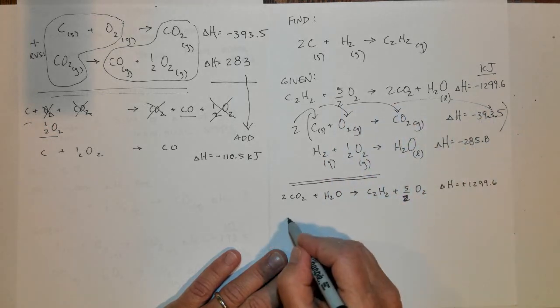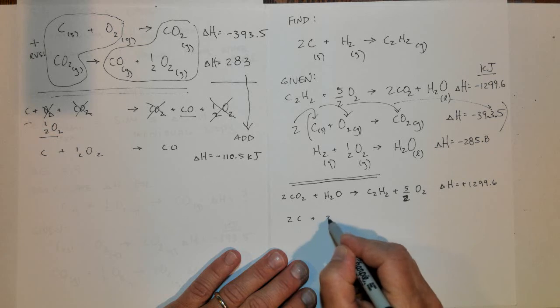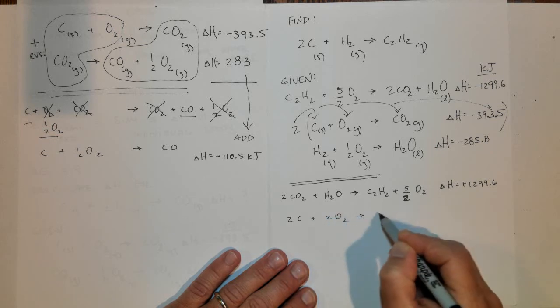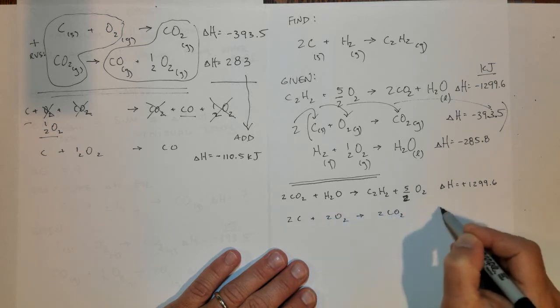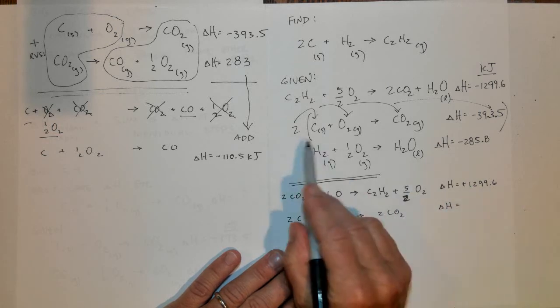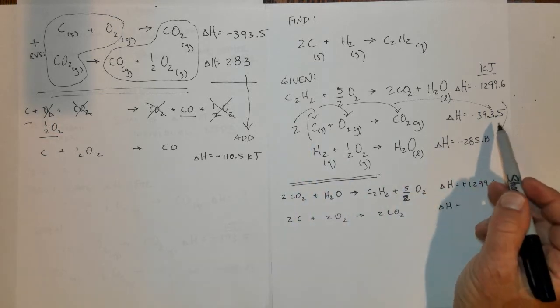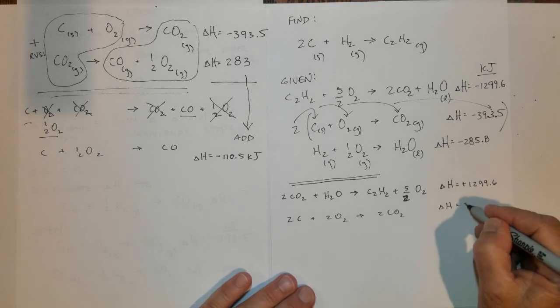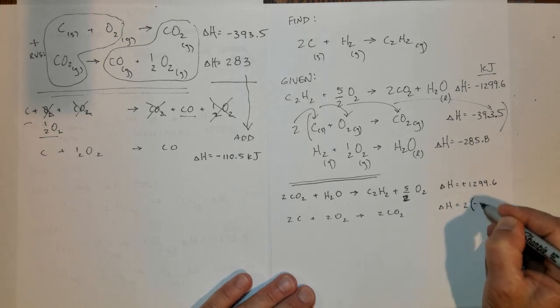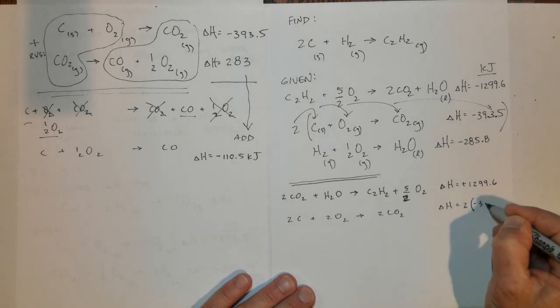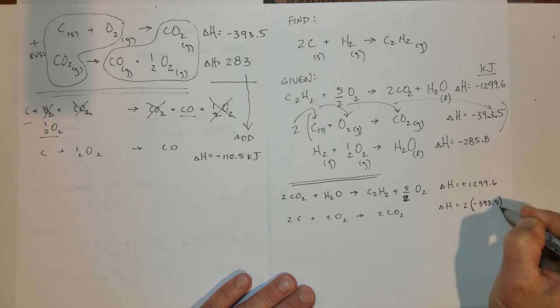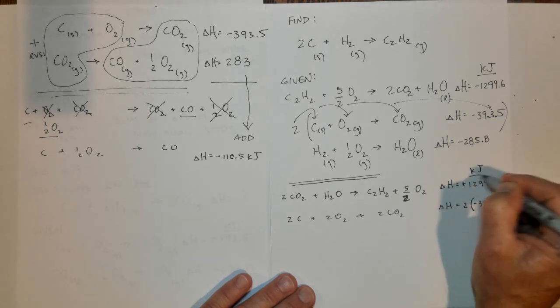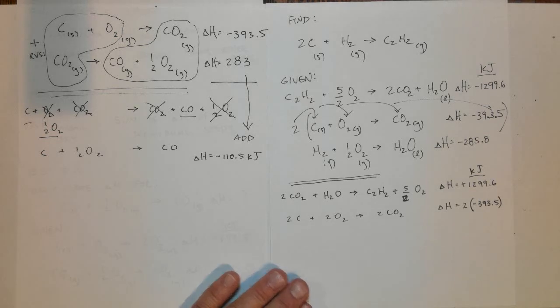And so I end up with 2C plus 2O2 goes to 2CO2, and then delta H would be 2 times negative 393.5. We know that all these are in kilojoules, so I'll just put kilojoules up here so that I'm carrying my units along. Give you a second to write that one down.